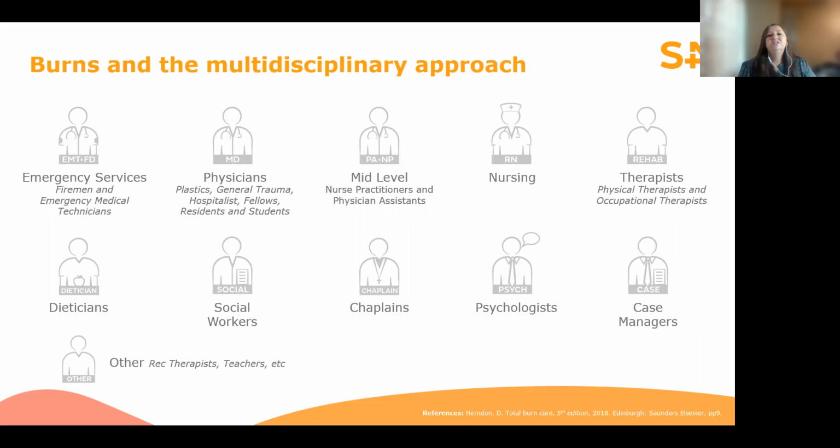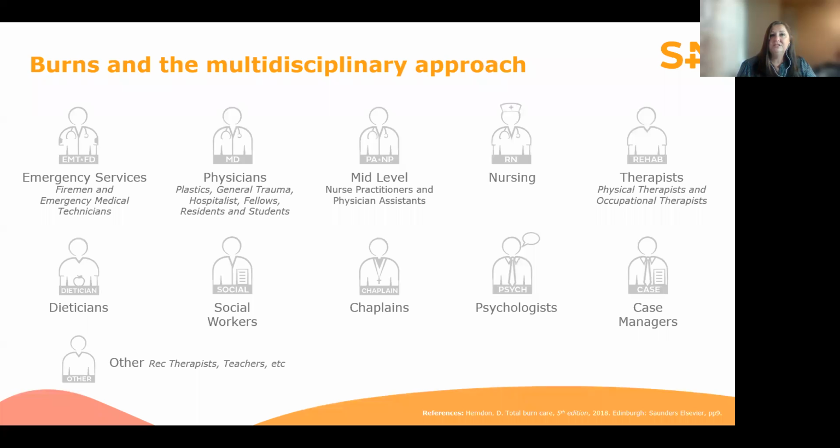The nursing staff is responsible for the day-to-day care of the patient, the dressing changes, administering the prescribed medications, and doing the activities of daily living alongside the physical and occupational therapists. And these also include speech therapy.